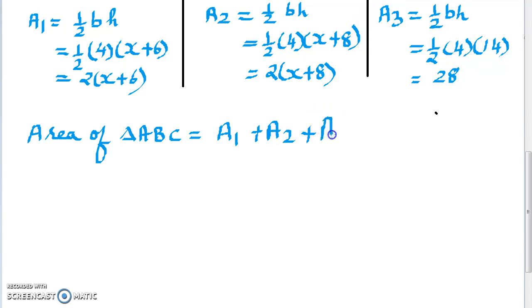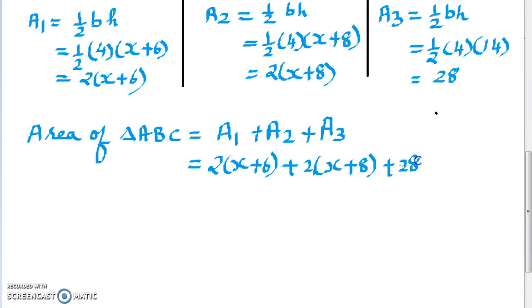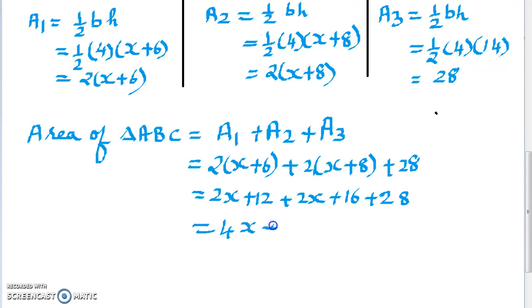So it's 2(x + 6) plus 2(x + 8) plus 28, which will give us 2x + 12 + 2x + 16 + 28, which will give me 4x + 56.